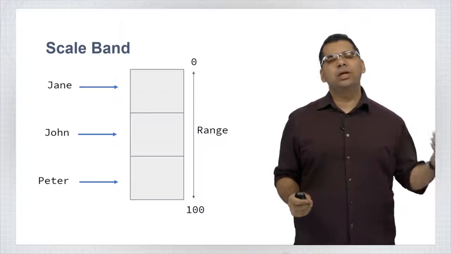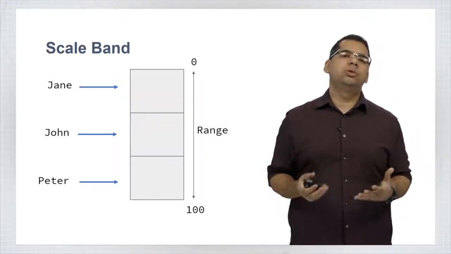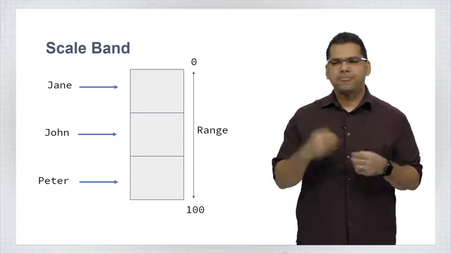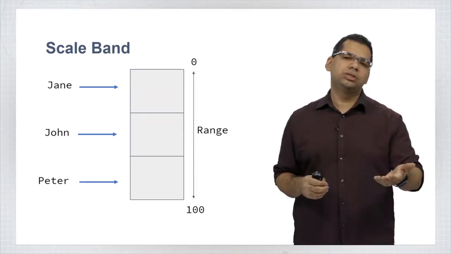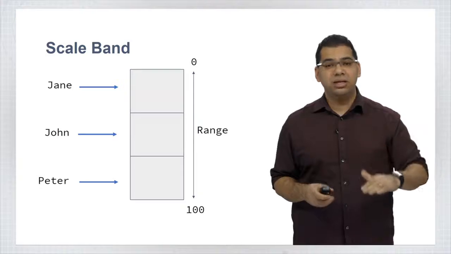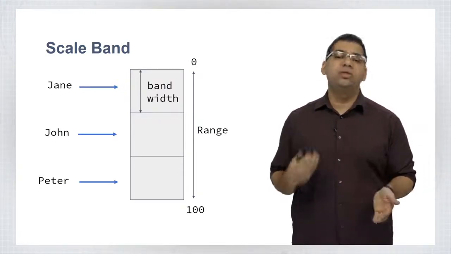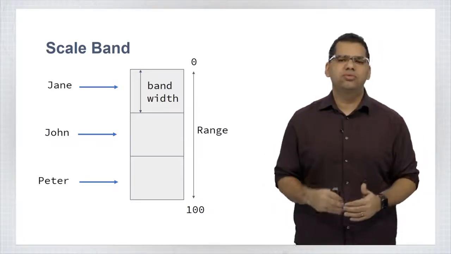And now I'm going to map each name to one of those bands. What's the difference from mapping to a number? First, if I give a value to the scale, I'm going to get the start of the band, where the band begins, instead of some number in the middle. The second thing is that now we have information about the bandwidth, that is, how tall, in this case, each of those pieces would be.